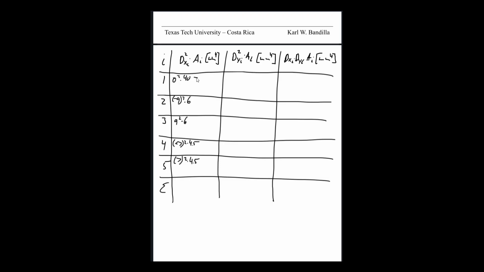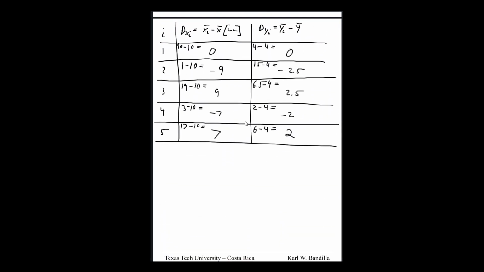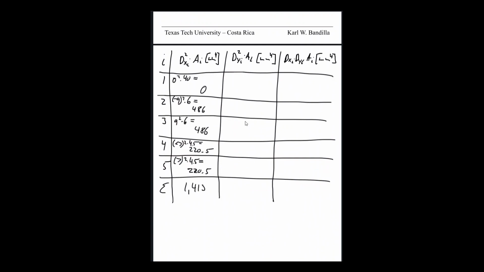All right. That one's easy. That's 0. This is 486. The negative sign gets taken out. Same here, 486. Here we get 220.5, 220.5, total 1,413.